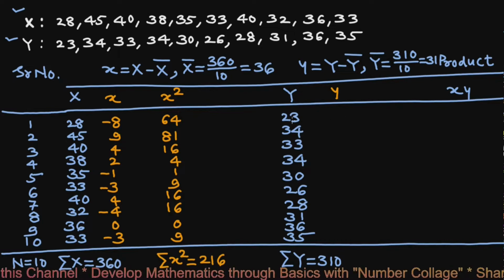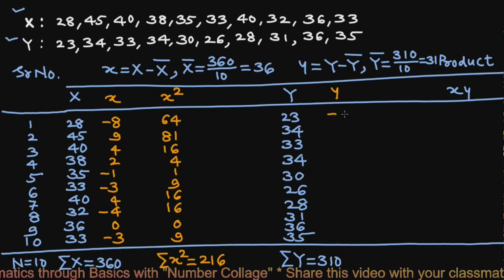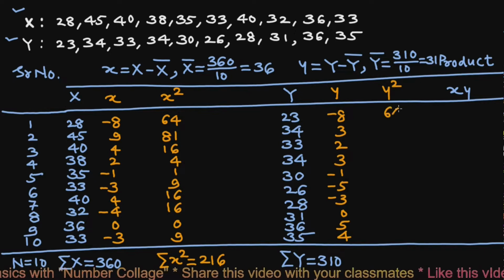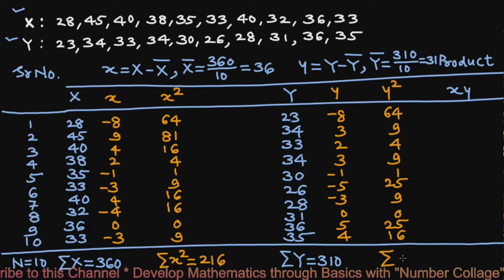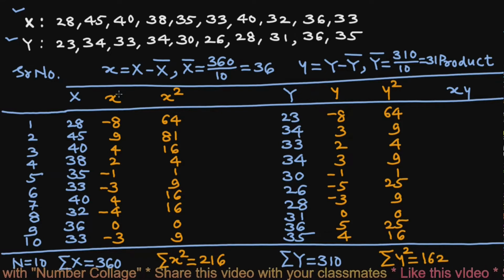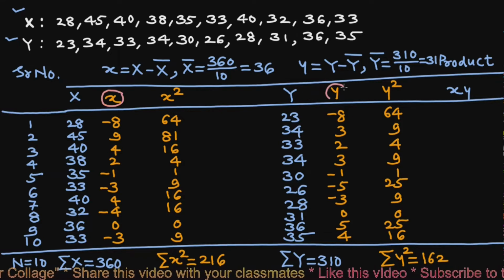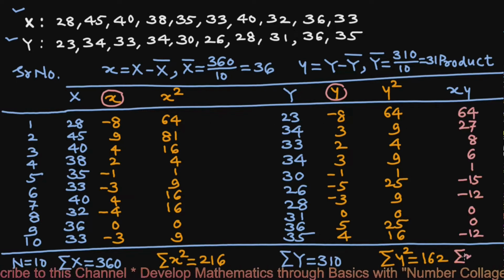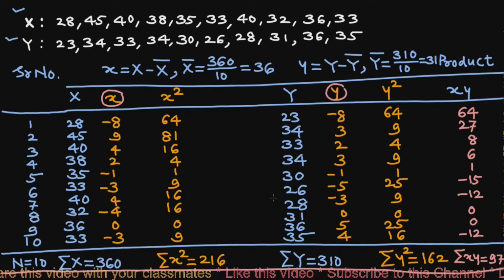Those will be 23 minus 31, minus 8, and y square will be minus 8 square, 64, and summation y square will be 162. Next we write product of x and y, that will be 64, and summation xy will be 97. Now we will use these values to find r.